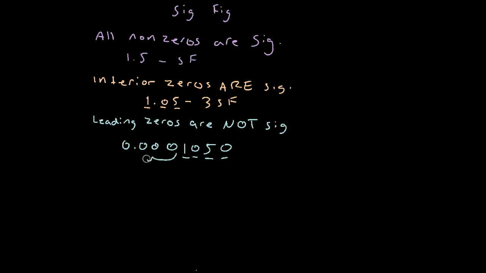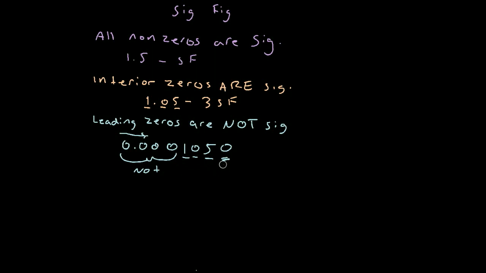These leading zeros would not be significant because they are leading the number. You may say, well, wait a second, Justin, you said zeros between two numbers are significant, and leading zeros are not. What's with this one right here? It's not in between two numbers, and it's not leading.